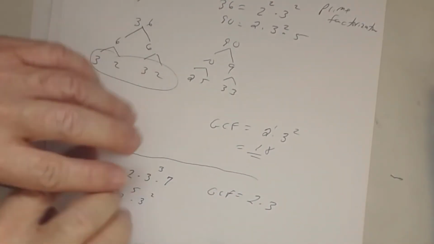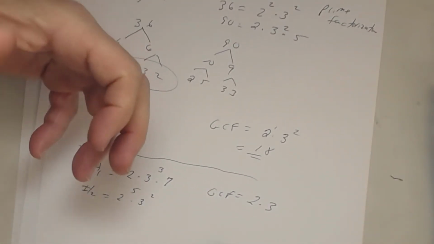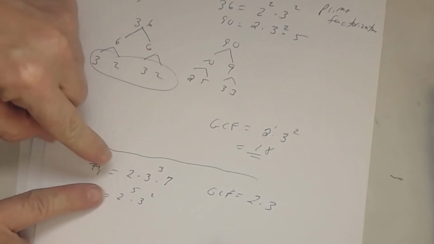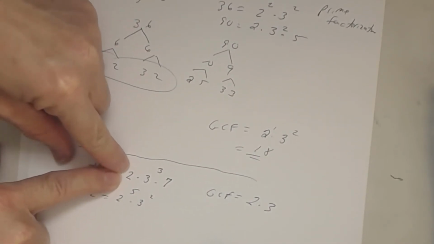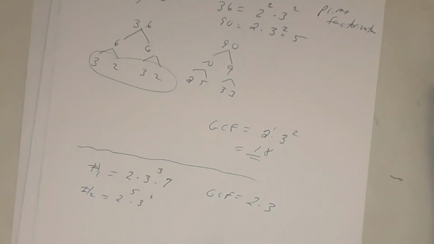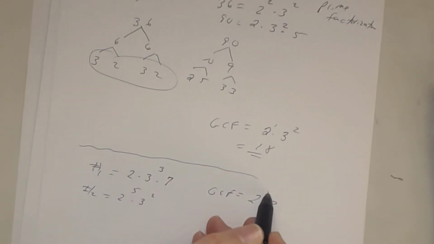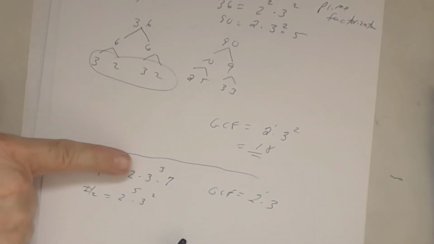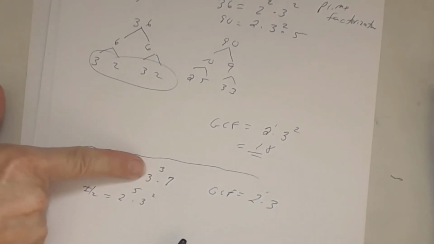Now you have to determine what's the greatest of these common factors. How many factors of 2 in the first one? 1. How many factors of 2 in the other one? 5. What's the greatest that they share? 1 of them. So that's 2 to the first. Over here, how many factors of 3 do I have? 3.